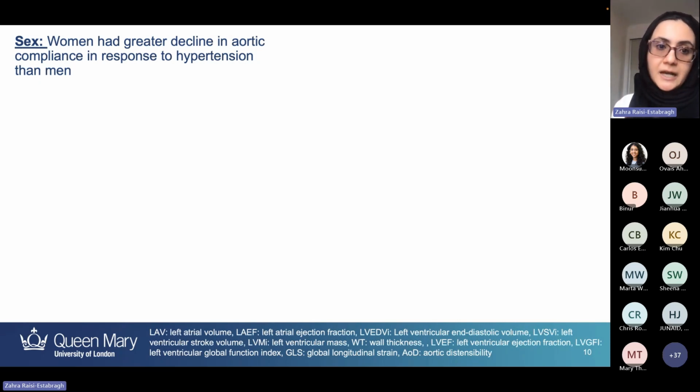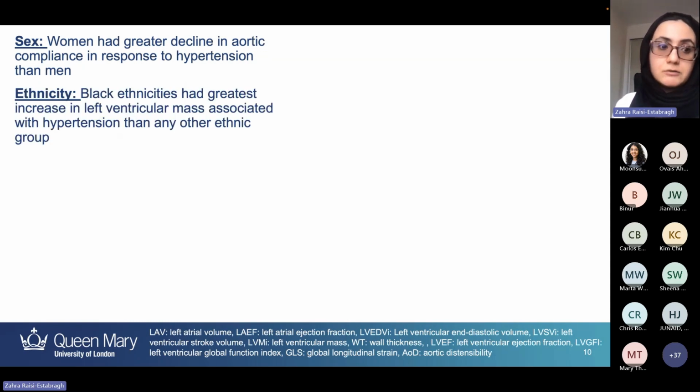However, we found that women had a greater decline in aortic compliance, so more stiffness in their big arteries in response to hypertension than men, suggesting that they are perhaps more severely affected by exposure to hypertension. We then looked at potential differences across ethnic group, and here we found that individuals from Black ethnic groups had a greater increase in left ventricular mass in association with hypertension than any other ethnic grouping in our sample.